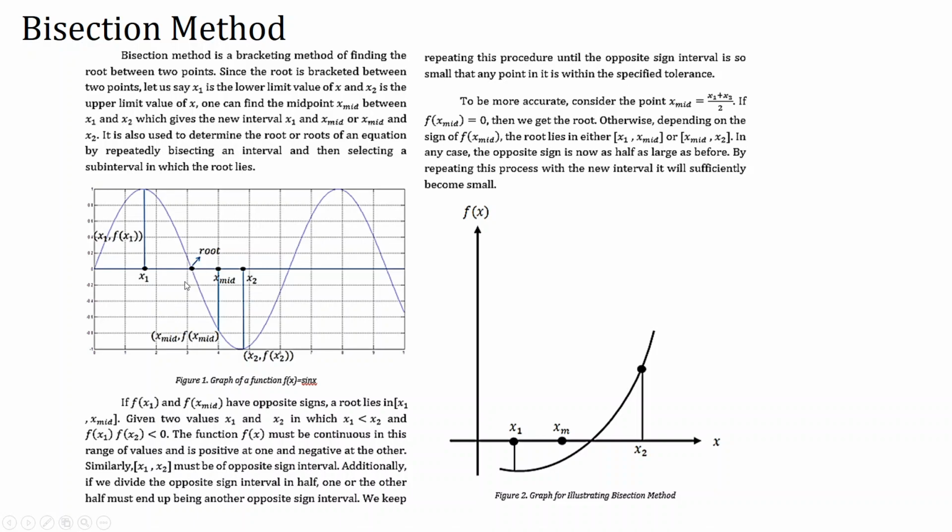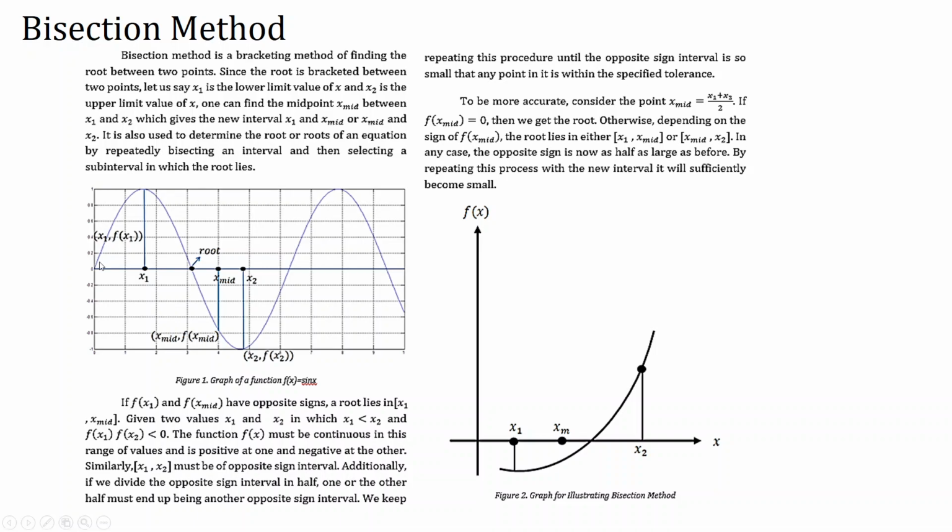Now in the bisection method, you are guessing. For example, this is point x1. Say this will be my root, so x1. This is a guess. And then x2 is also a guess, another guess of the root.